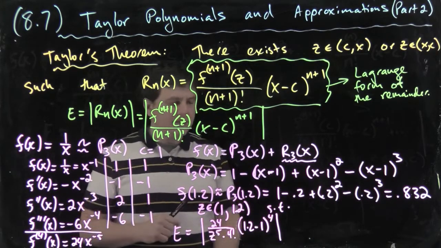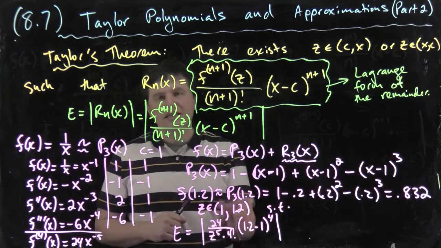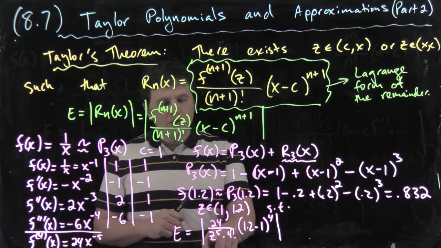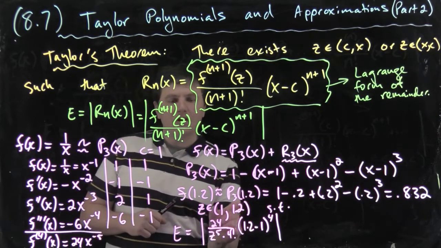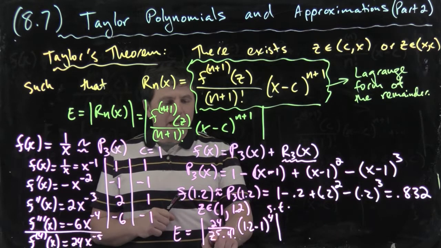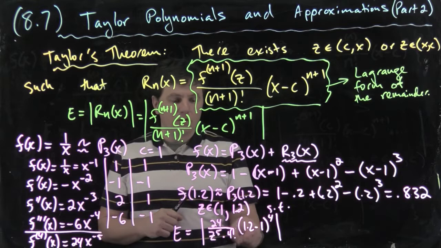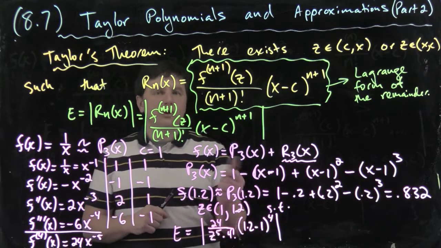Okay, now here's the thing. I don't need to know what z is. I know z lives somewhere between 1 and 1.2. What I'm interested in is maximizing this thing. So I'm going to choose the z on that interval that will maximize this thing. Now realize, since z is in the denominator, as z increases, this whole term actually gets smaller, right? Now if z was in the numerator, it would be reversed.